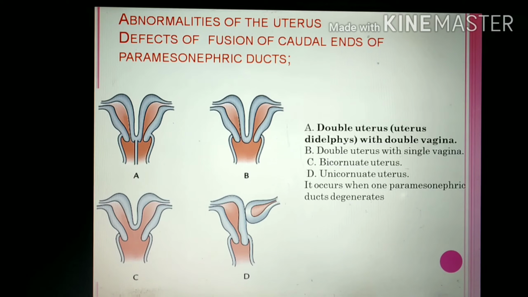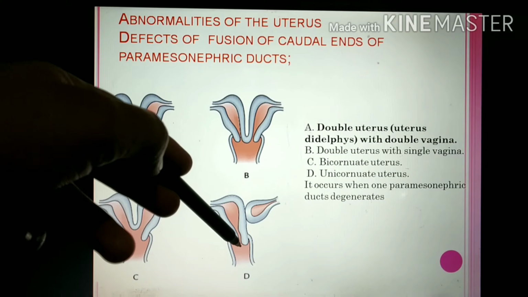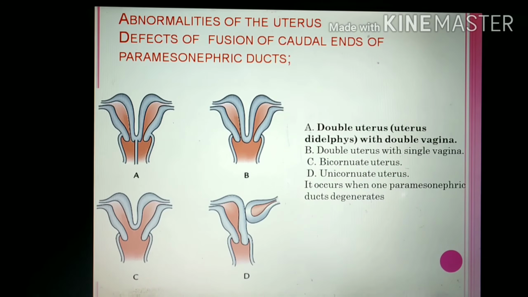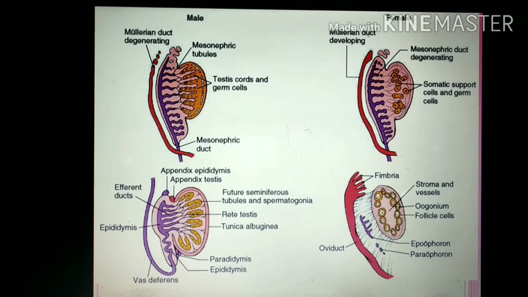So only half of the uterus with cervix and vagina is persisting, and they are developing from a single paramesonephric duct. So these are the anomalies of the uterus and vagina.